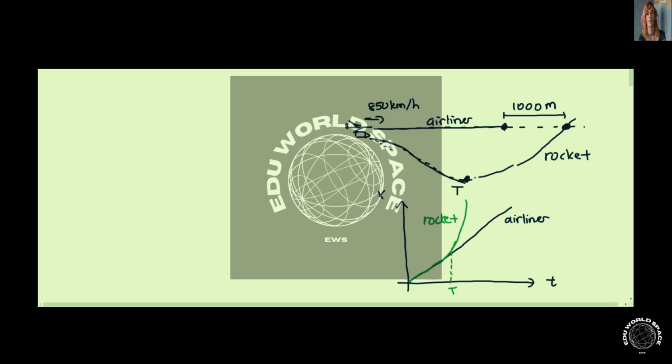To solve this problem, we recognize that the motion of the rocket has two stages. The first stage is under free fall.